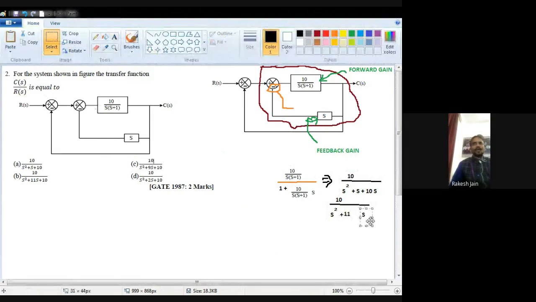Okay. So now this will be the actual representation of that inner block.